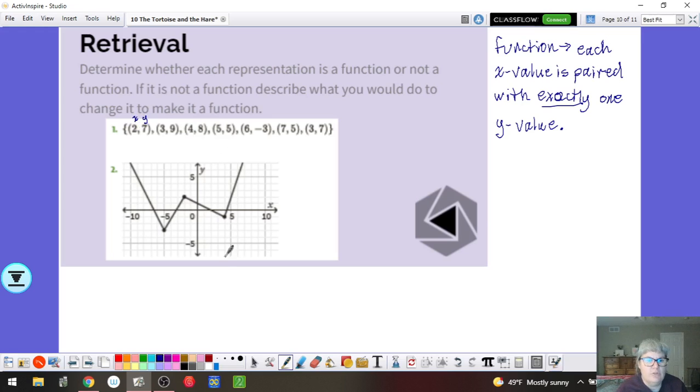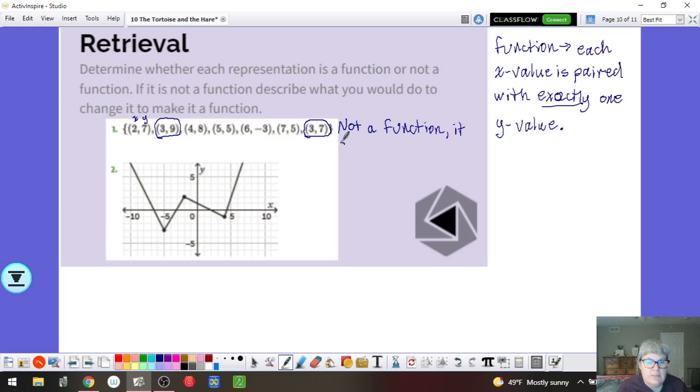There are 2 x values of 3. So if I look at those 2 points, they have the same x value, but they have different y values. This is not a function, because there are 2 y values paired with the 3.